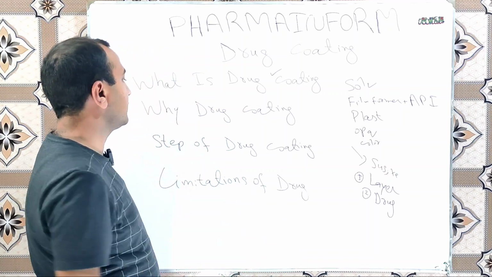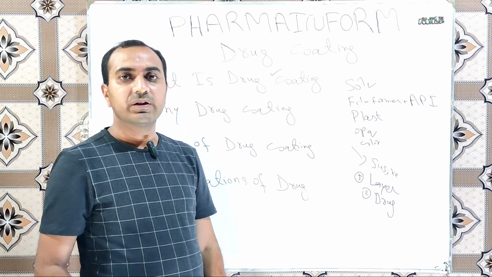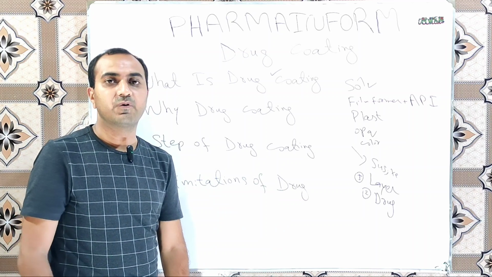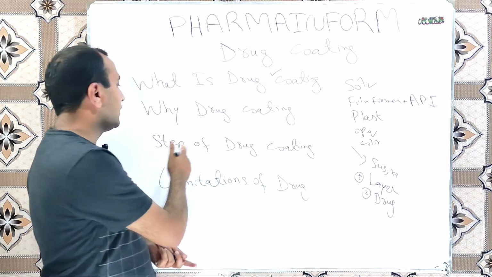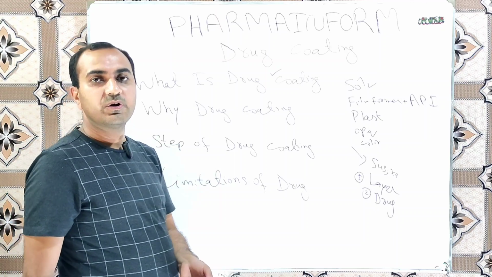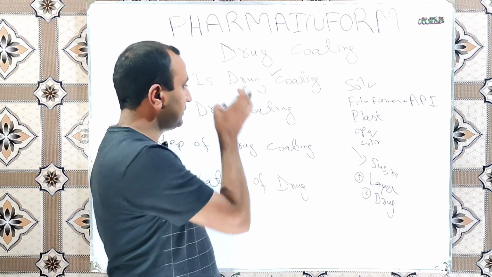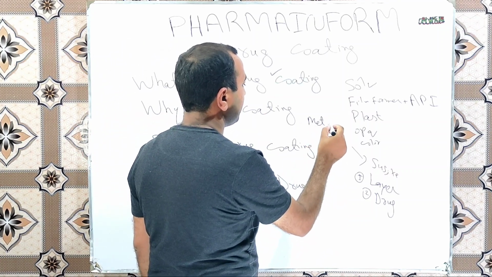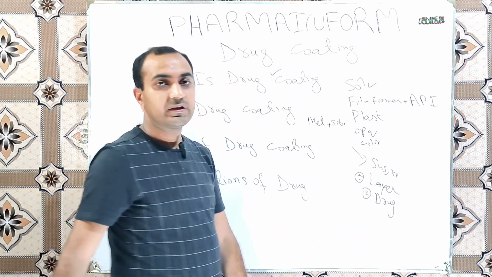So the next one is the steps of drug coating. What are the steps of drug coating, or how is drug coating performed? Basically there are three steps of drug coating. Before going towards the steps, take the example of two APIs, one is metformin and the other is sitagliptin.